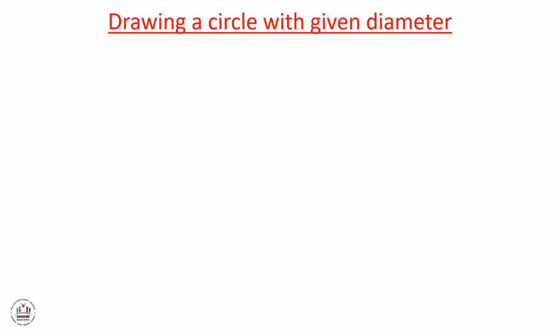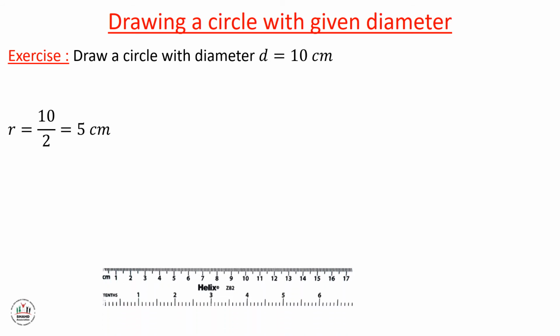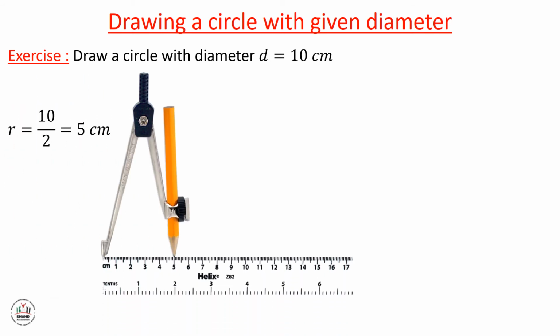Now we will learn how to draw a circle with given diameter. If we want to draw a circle with diameter d equal to 10 cm, first we should calculate its radius. The radius equals d over 2, which is equal to 10 cm over 2, and that's equal to 5 cm. Then we bring a compass and we open it 5 cm by using a ruler, of course.